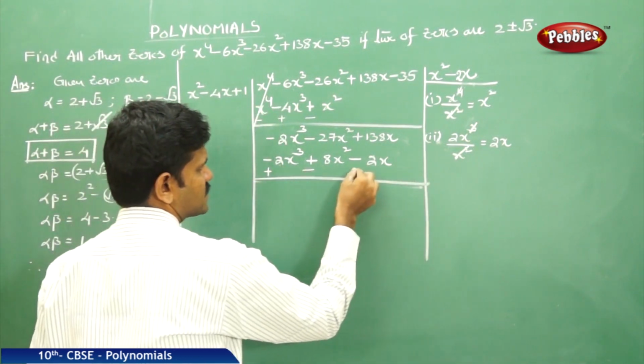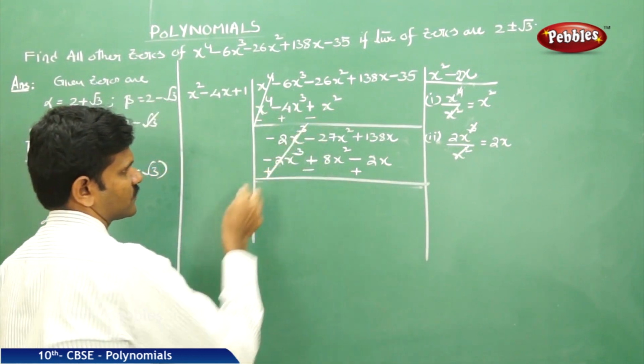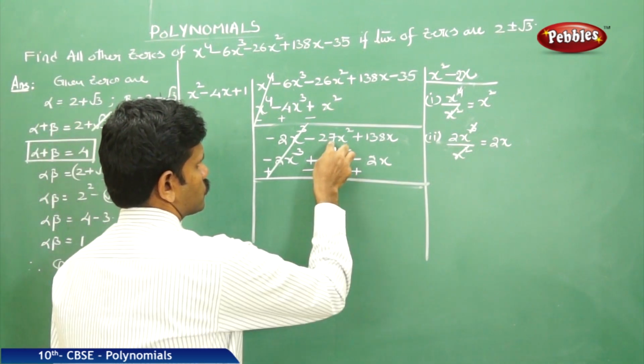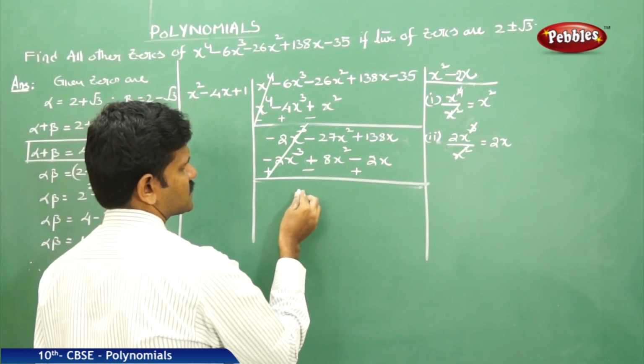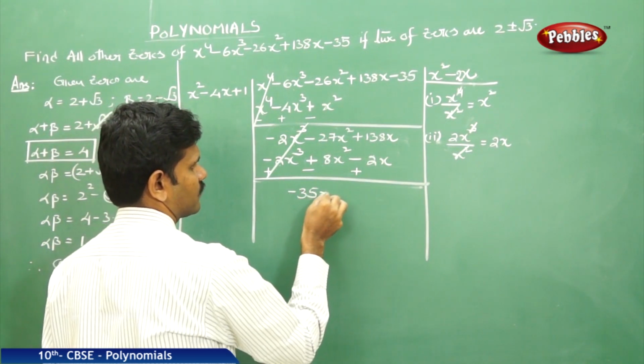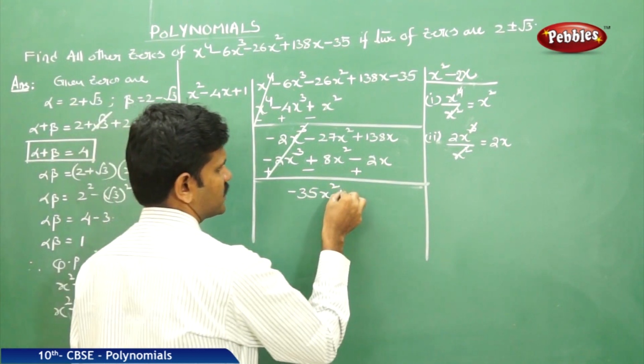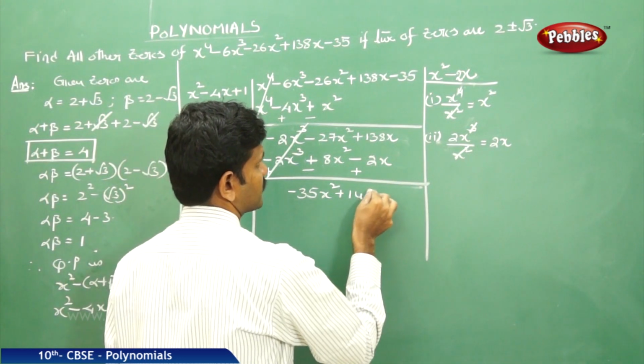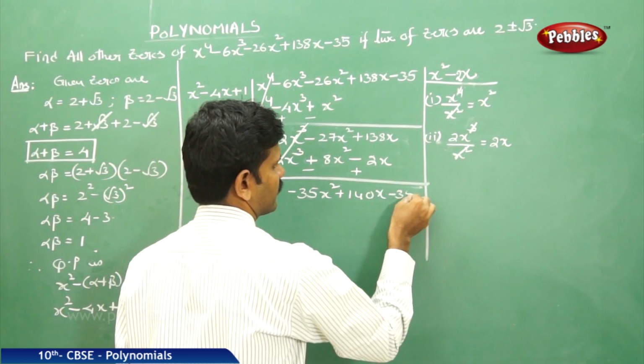Plus minus plus cancel. 27 minus 27, minus 8, minus 35x square, plus 140x minus 35.